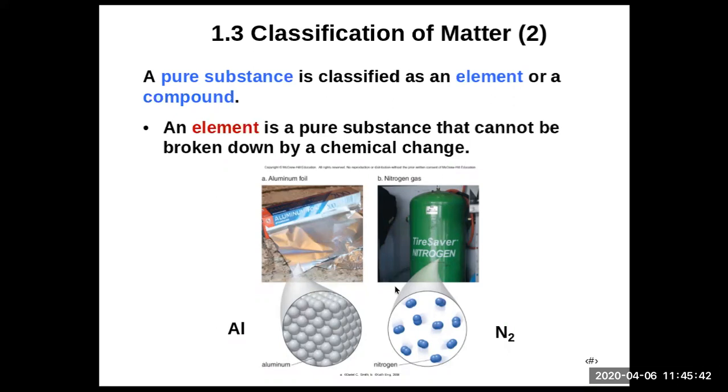And so nitrogen is a pure substance. It's made of two nitrogen atoms bonded together. So that's why the formula is N2. And nitrogen is represented by blue balls here. So that's another example of an element that cannot be broken down by a chemical change.